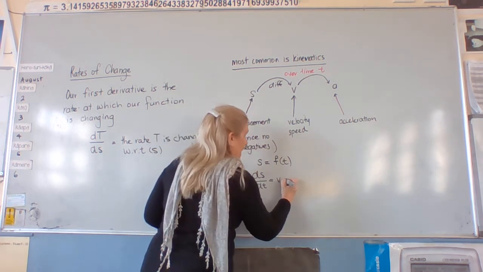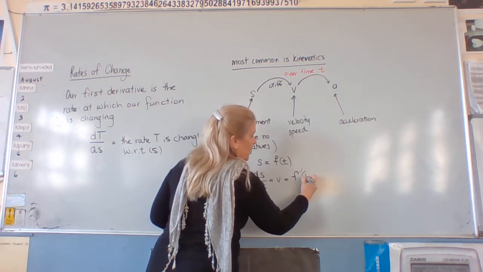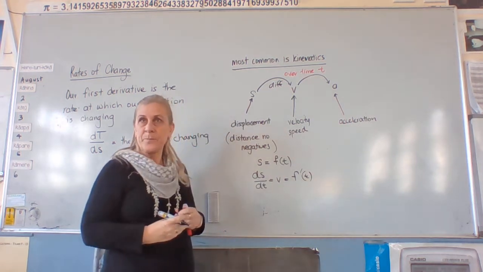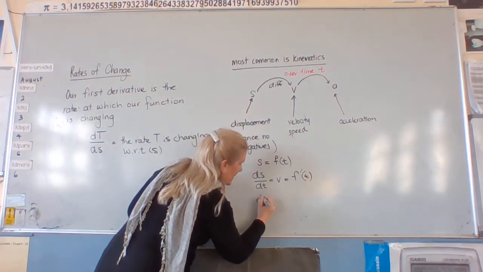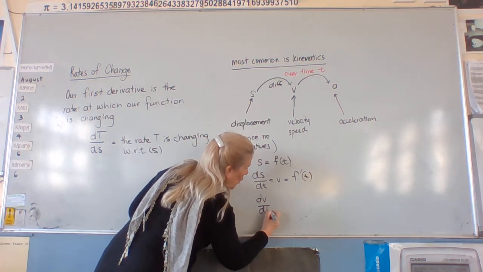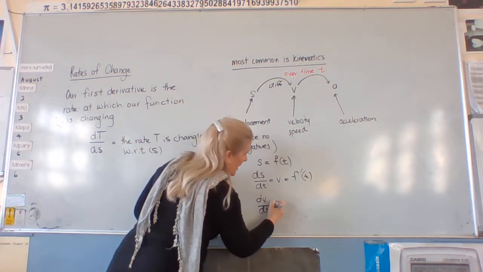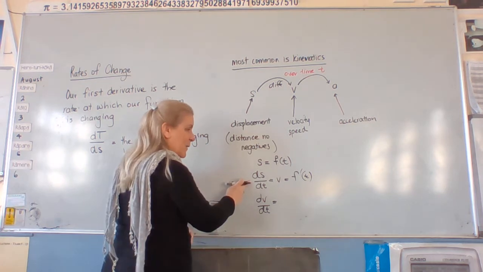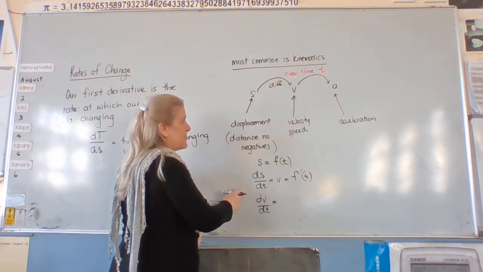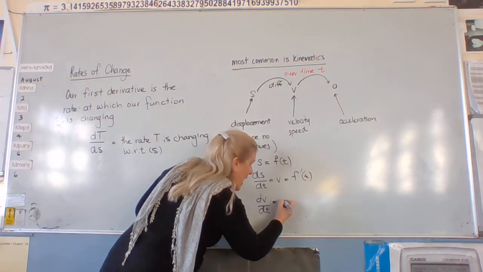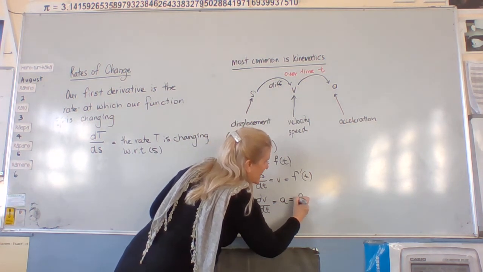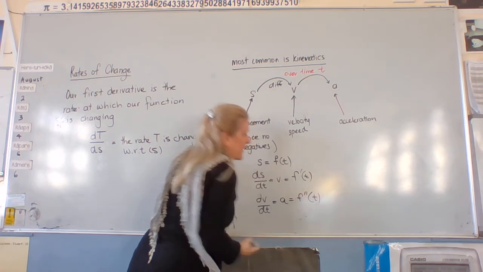All right, and it's going to be our first derivative of whatever that function is. Our third thing is going to be dv by dt or ds double dash. So we could write d squared s over dt squared equals a equals the second derivative.